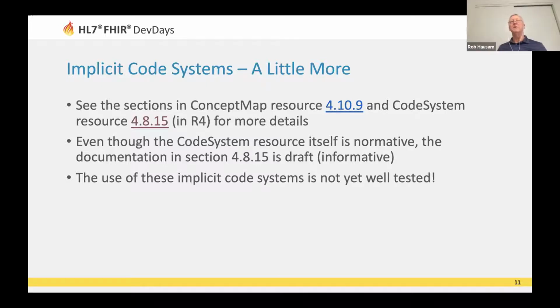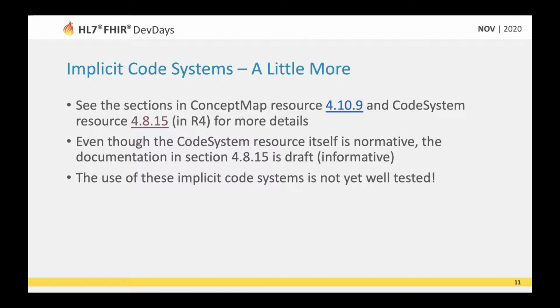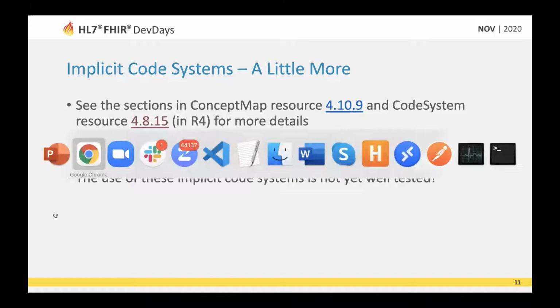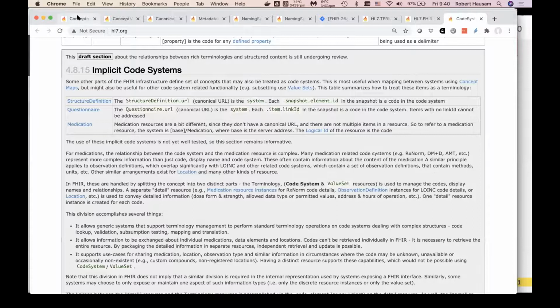Okay, so maybe I can have you try to restate your question. I think I pretty much got it, but are you talking about when you're using ConceptMap and the translate operation, or something a little different than that? I'm talking about codable concept in a resource. So we have elements with codable concept. At that time, we refer to a value set, right?